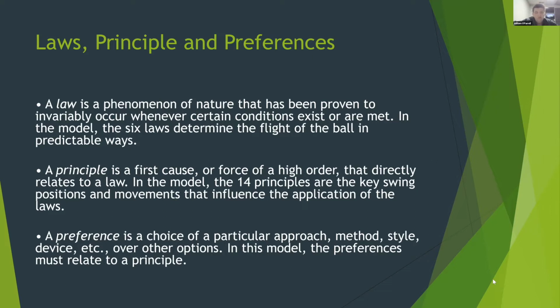In the model, which we're talking about here for the golf swing, the 14 principles are the key swing positions and movements that influence the application of the laws. A preference is a choice of a particular approach, method, style, or device over other options. In this model, the preferences must relate to a principle.